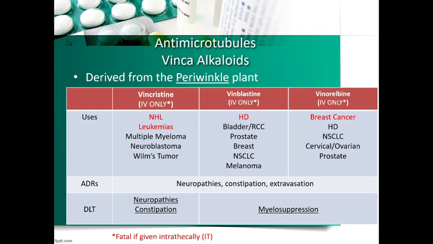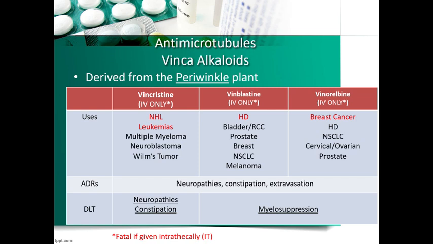All right, so vincristine is part of our R-CHOP regimen that we see with non-Hodgkin's lymphomas. Vinblastine is part of ABVD, which we see in Hodgkin's disease. And then vinorelbine we might see second or third line in metastatic breast cancer.